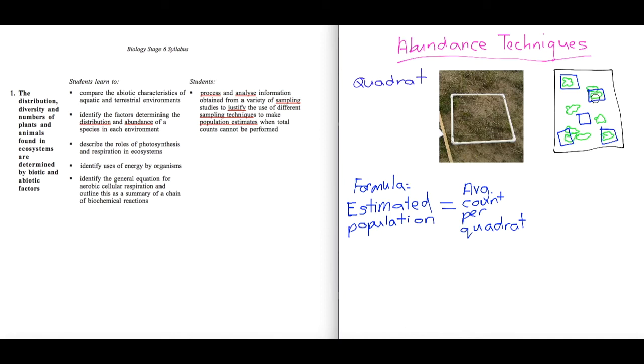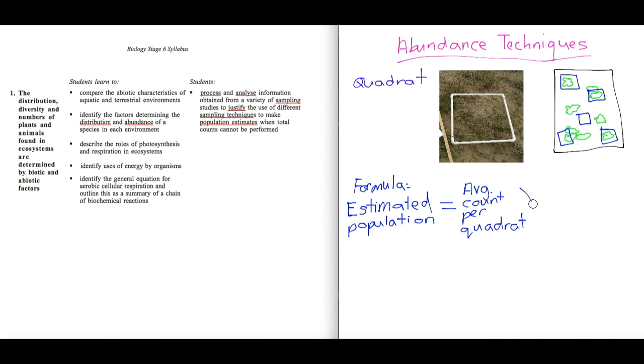You only count the organism if there's half or more of it present in the quadrat. So in the fourth quadrat, there's no plants, and in the fifth quadrat, there's one plant. You would then add all those numbers together and divide by 5 because you've thrown the quadrat 5 times. So 1 plus 1 plus 0 plus 0 plus 1, so 3 divided by 5 to get your average count per quadrat.